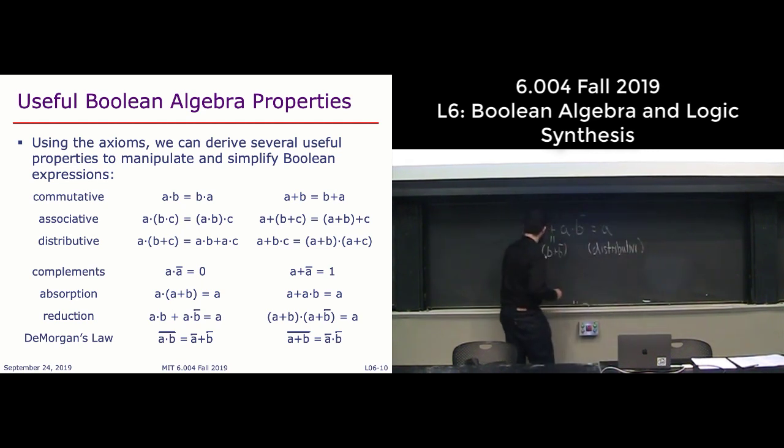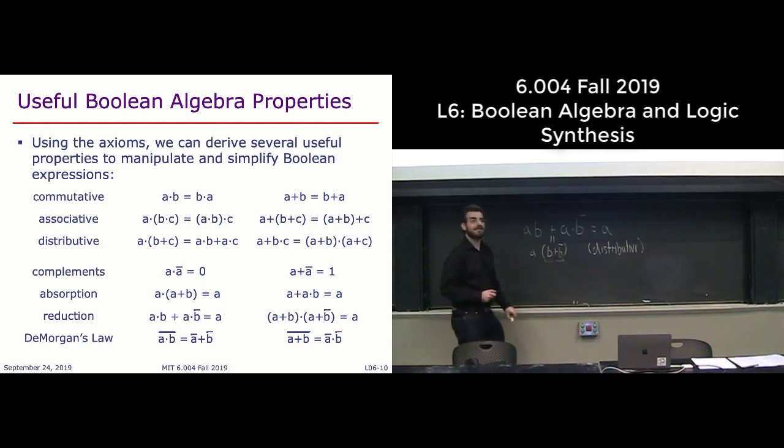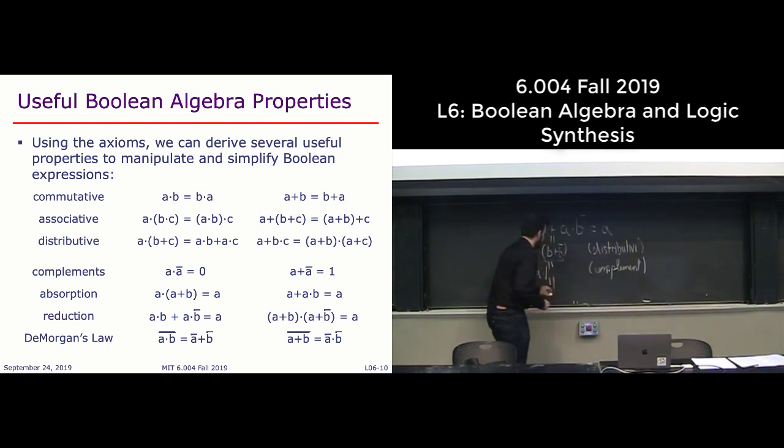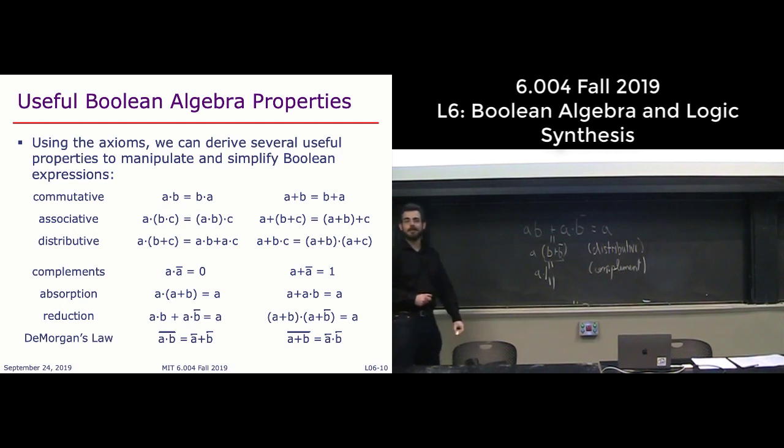And then, what property can we use from the ones here to further simplify this into A? By complements, this is A and 1. And what is A and 1? The null axiom tells us it's A.